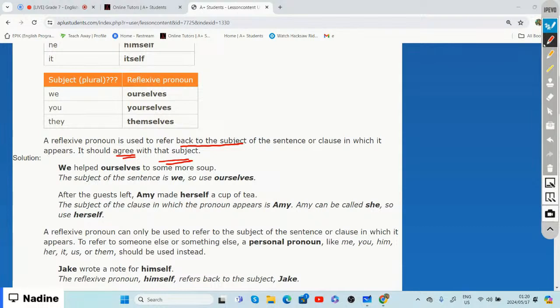A reflexive pronoun can only be used to refer to the subject of a sentence or the clause in which it appears. To refer to something else or someone else, a personal pronoun like me, you, him, her, it, us, or them should be used instead.